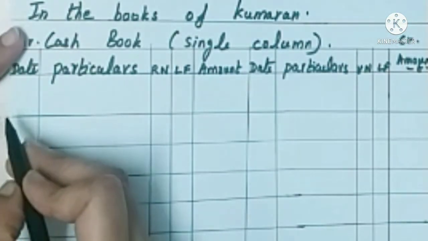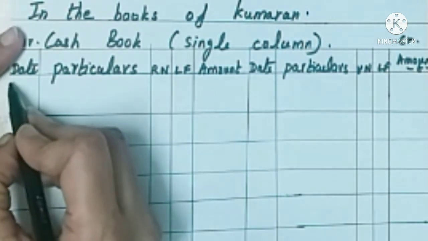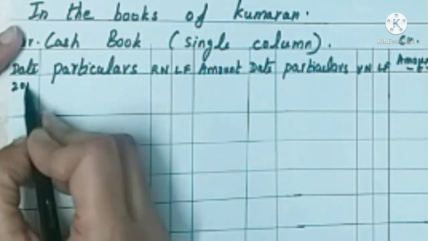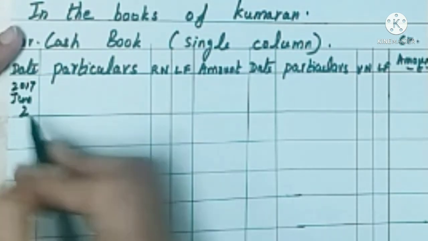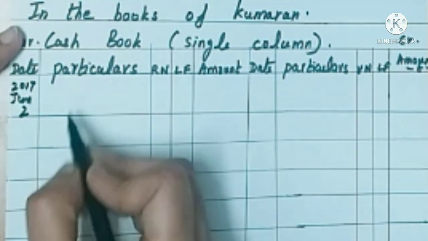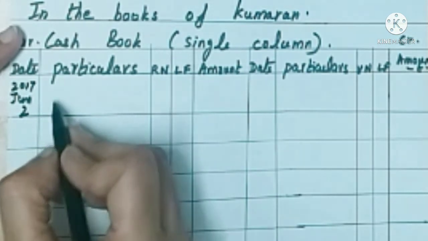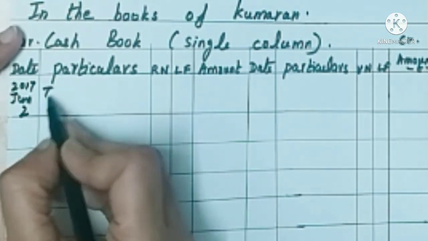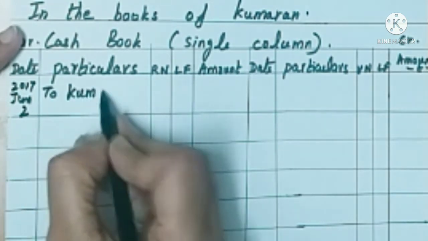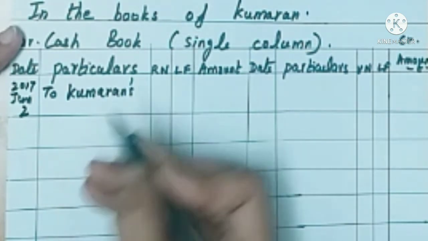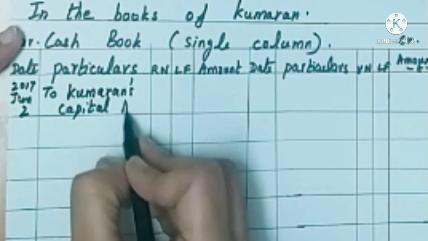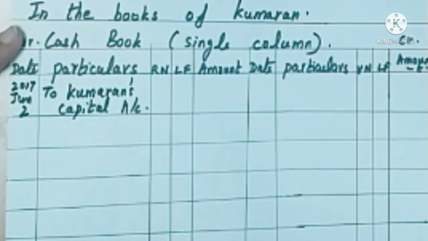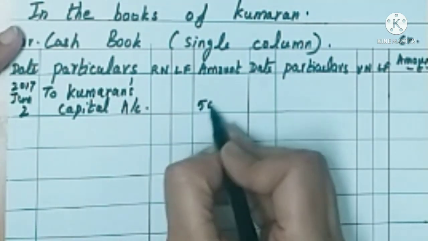Date of the transaction is 2017 June 2nd. So in particulars column, to Kumaran's capital account. Amount is rupees 50,000.